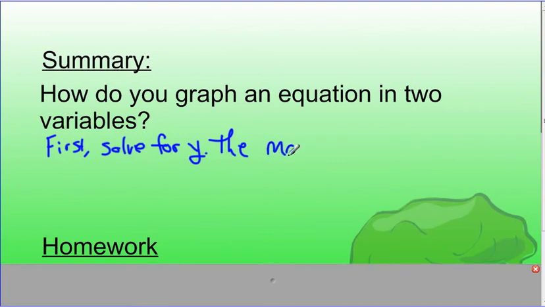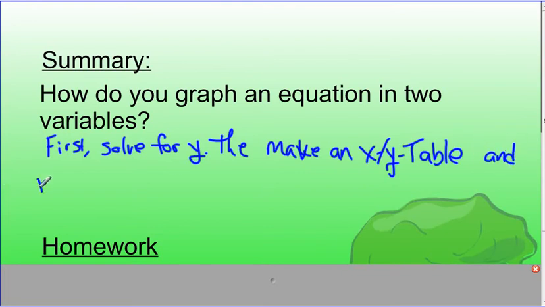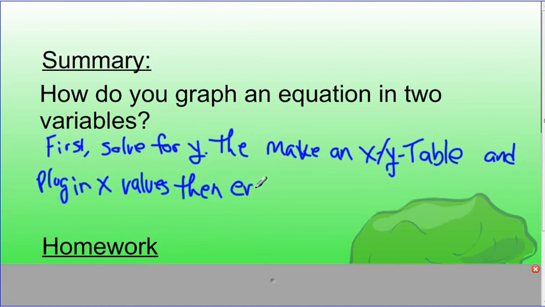Then make an xy table, plug in x values, then evaluate to find y values.